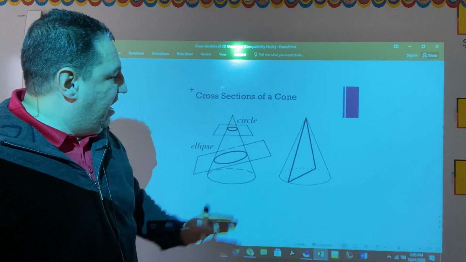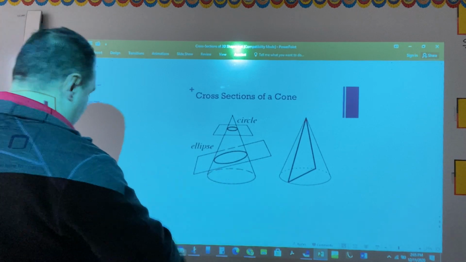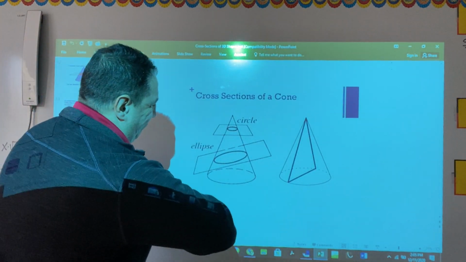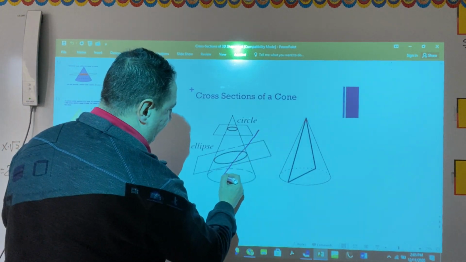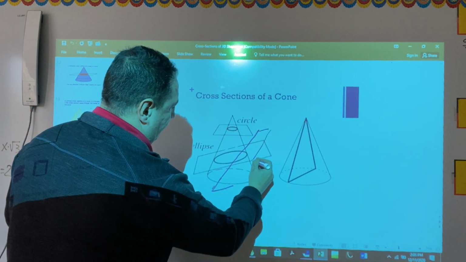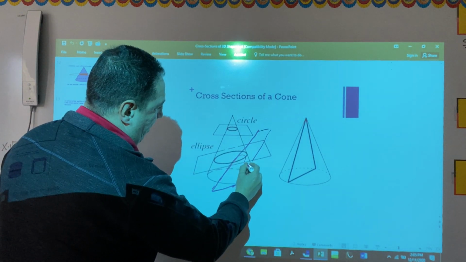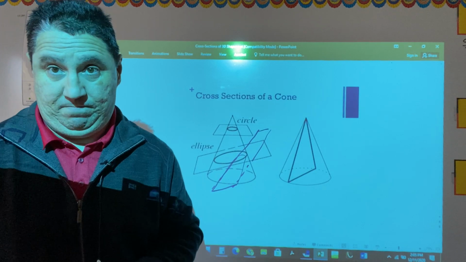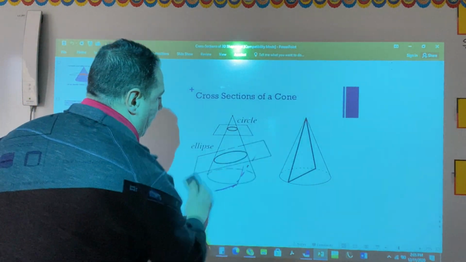If we cut by another plane, like this one, the resulting shape could even be a hyperbola. So we may have different shapes. Good?